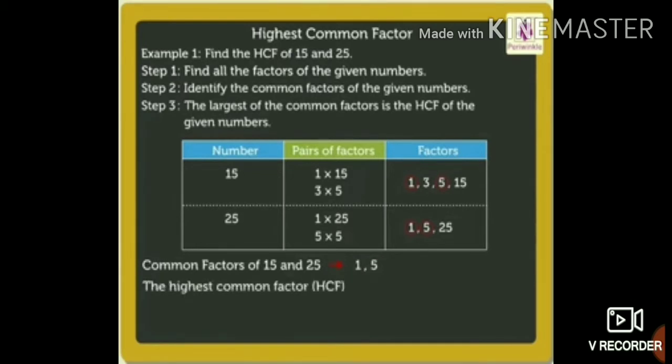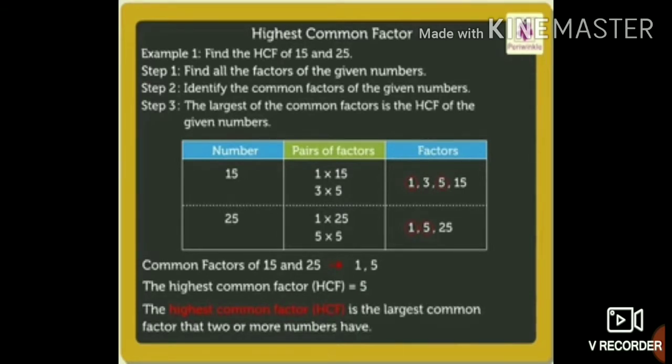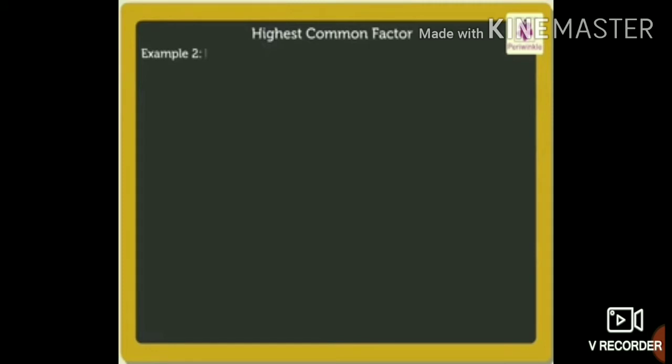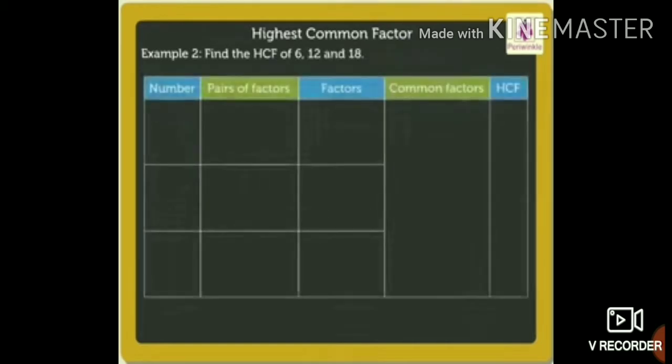The highest factor is 5. So the HCF of 15 and 25 is 5. That is the HCF.